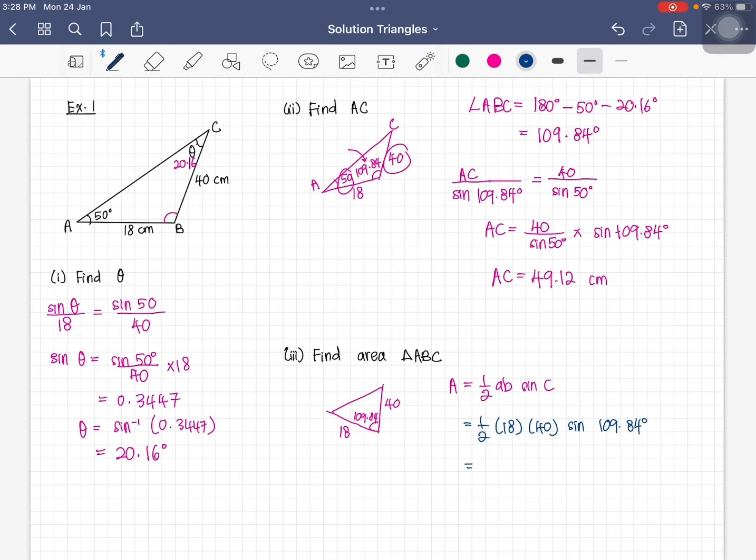Yes, we get the same answer, 9 multiplied by 40 multiplied by sine of 109.84, which is 338.63 centimeters squared. That's the area. You can also try Heron's formula, considering the lengths of all sides of this triangle, and you should get the same answer for the area.